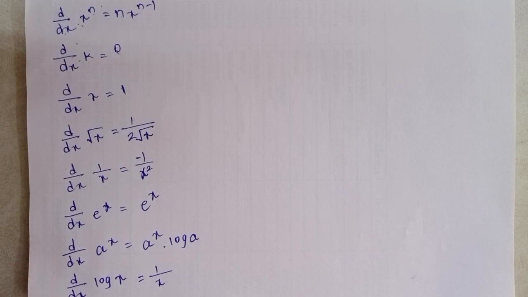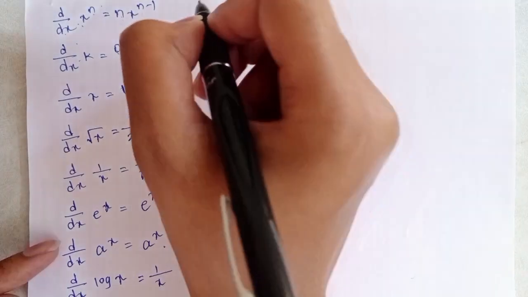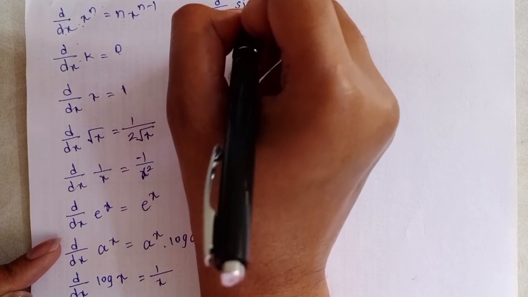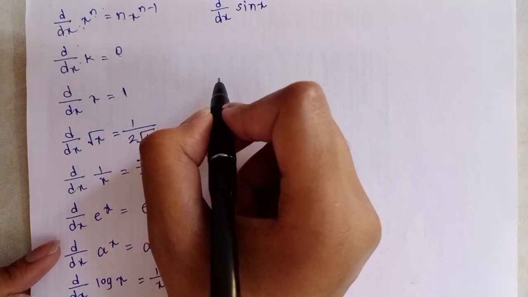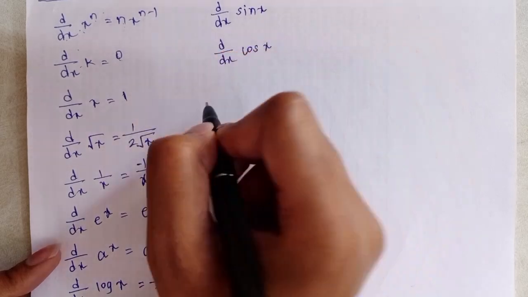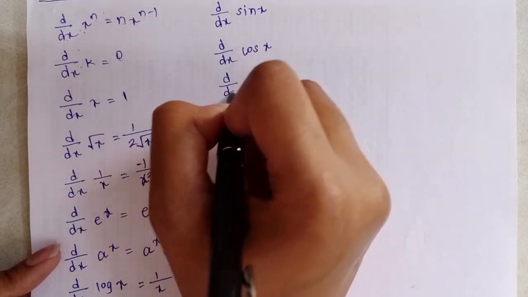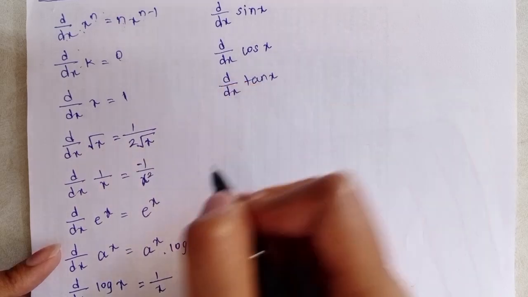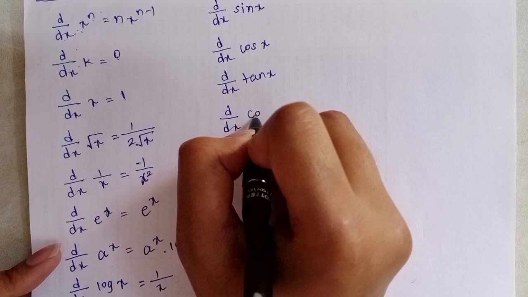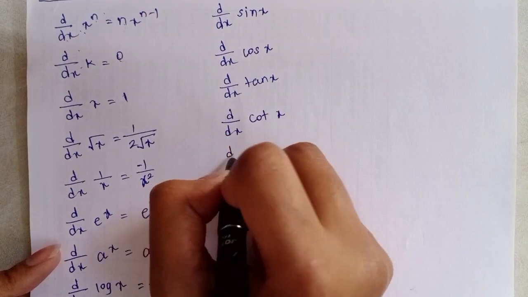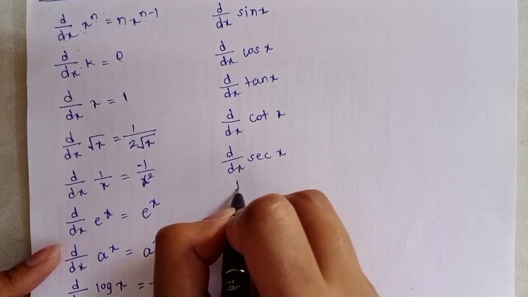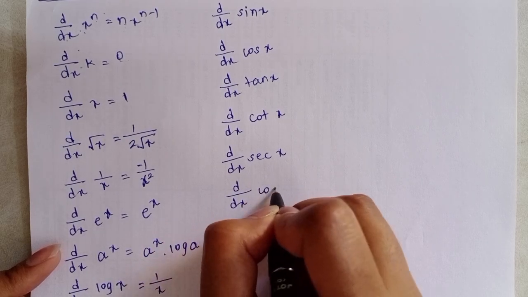Now we will see how to find derivatives of trigonometry terms, that is derivative of sine x, derivative of cos x, derivative of tan x, derivative of cot x, derivative of sec x, derivative of cosec x.